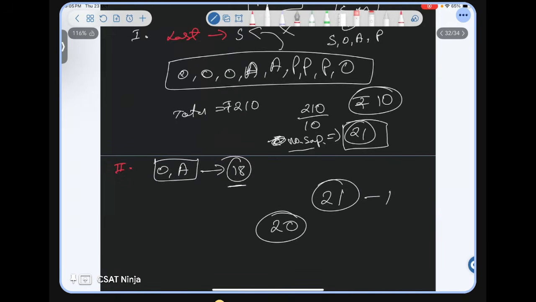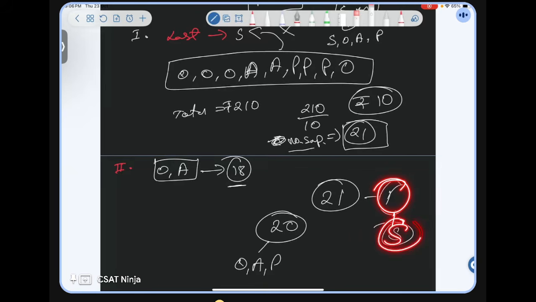Within this 20 there will be a collection of O, A, B only, because the last letter that we got was S. That's the reason I'm removing it. From 21, if I remove one, I get 20, and within this 20 are the letters O, A, and B.